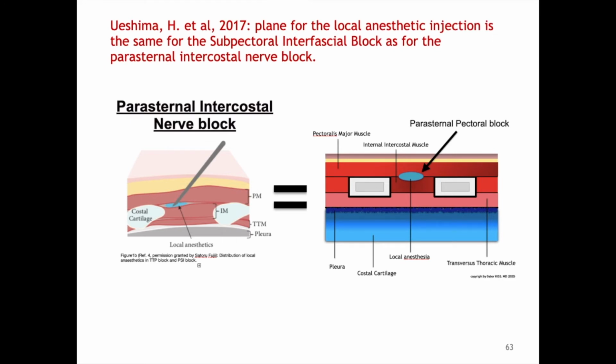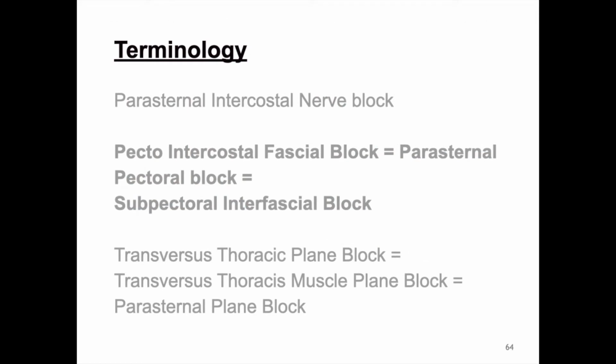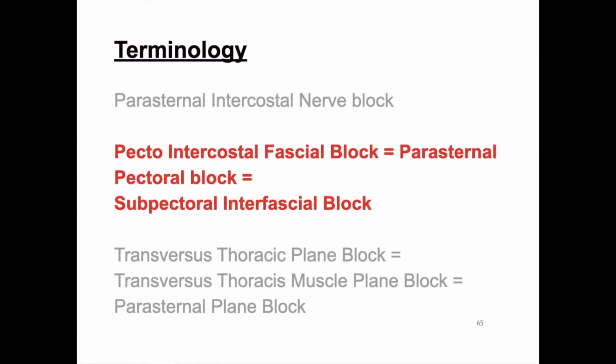This proves that the conclusion of Ueshima and colleagues is right, namely that the plane for the local anesthetic injection is the same for the parasternal intercostal nerve block as for the subpectoral interfascial block. So, to clarify the different terms described in literature for the same blocks, we can conclude that the pecto-intercostal fascial block is the same as the parasternal pectoral block, also named subpectoral interfascial block.